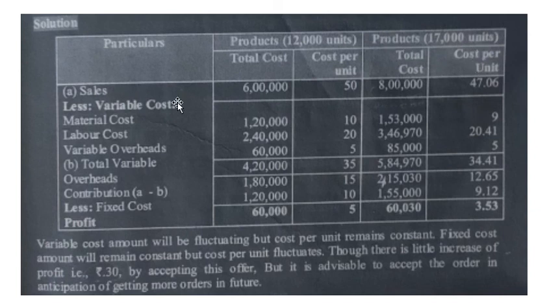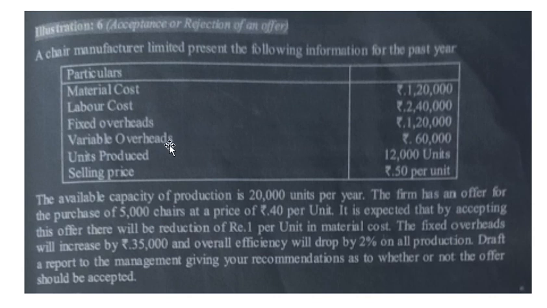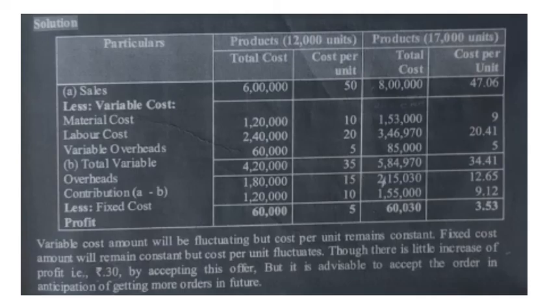So now let us calculate. We need to consider the total cost per unit for both, because there is cost per unit everywhere, and there is an adjustment stating there will be a reduction of 1 rupee per unit. So you need to have a column for cost per unit.